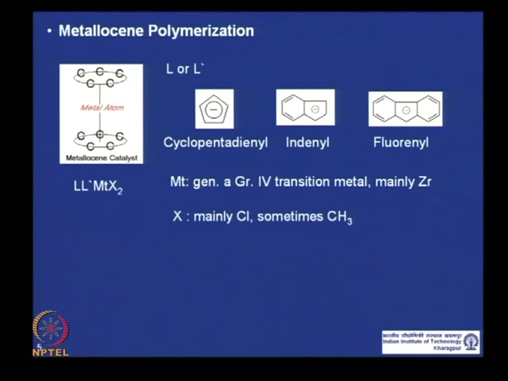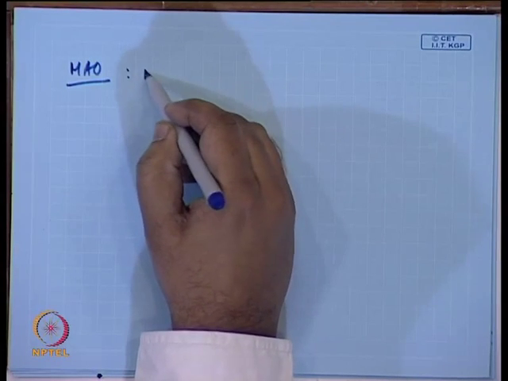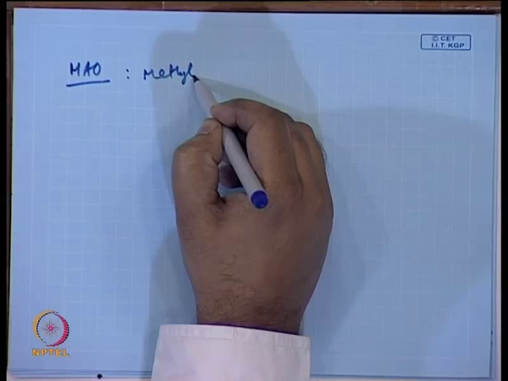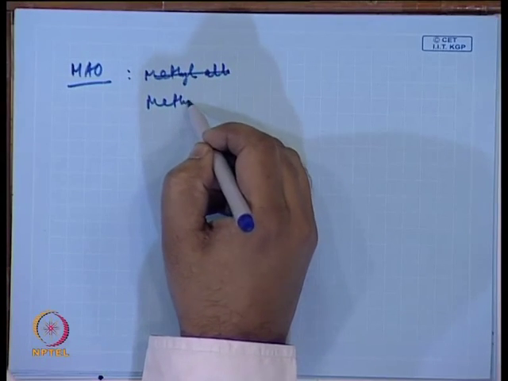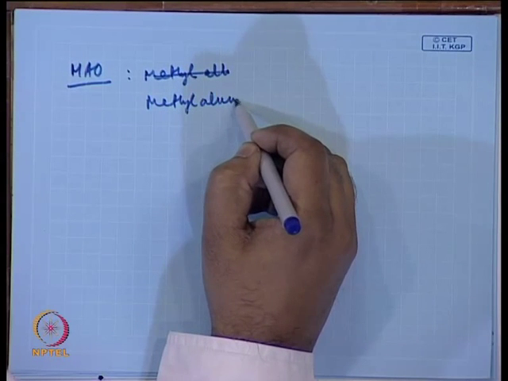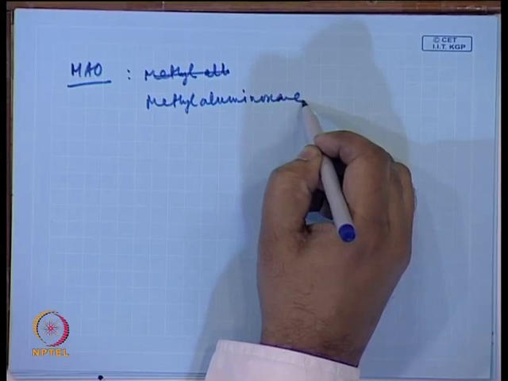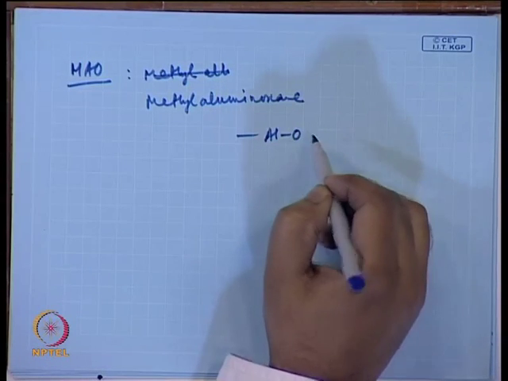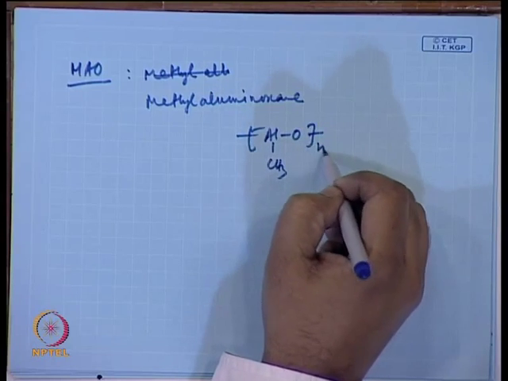So, the most used co-catalyst is MAO, which is methyl aluminoxane, a network compound.